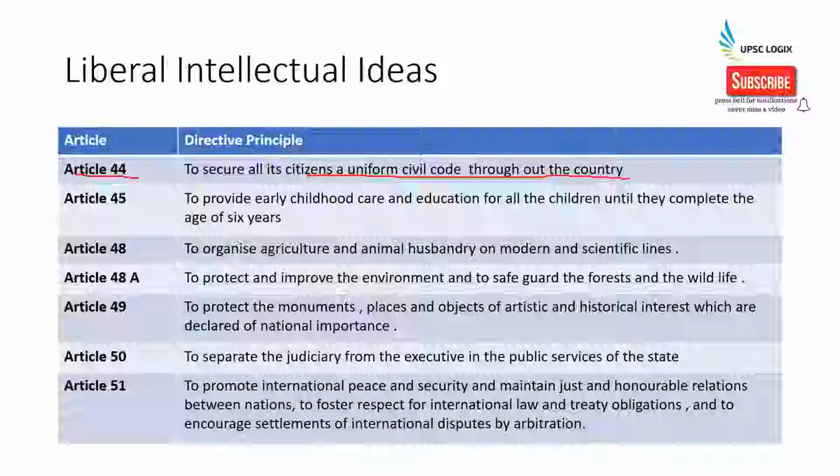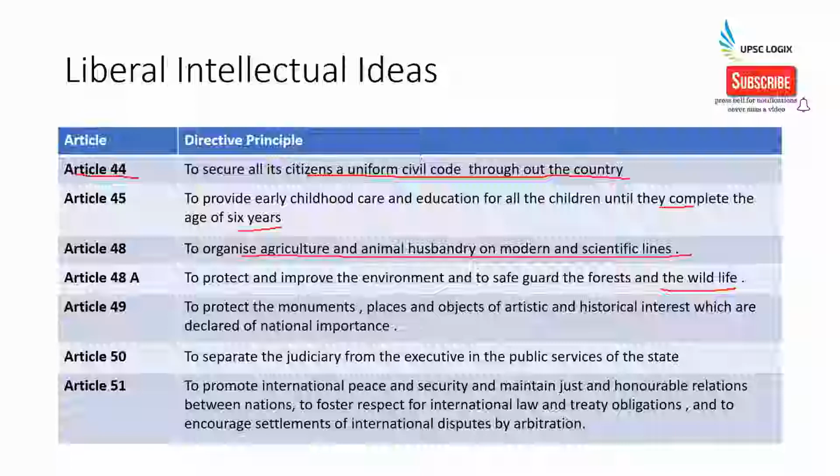Then Article 45 says to provide early childhood care and education for all children until they complete the age of 6 years. Article 48 says to organize agriculture and animal husbandry on modern and scientific lines. Article 48A states to protect and improve the environment and to safeguard the forest and wildlife.